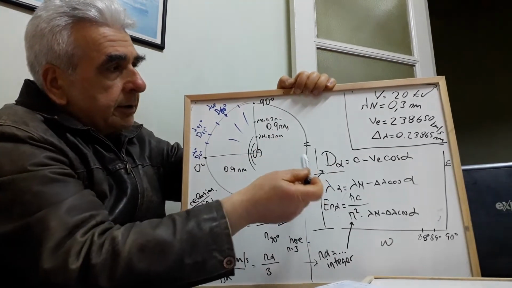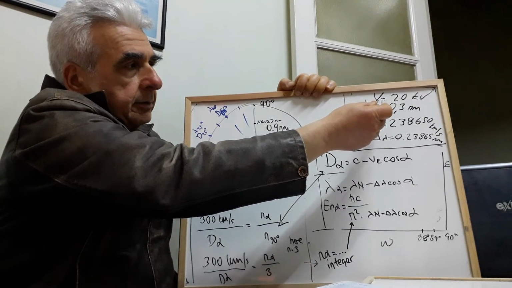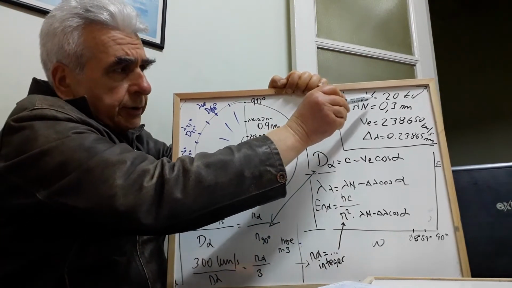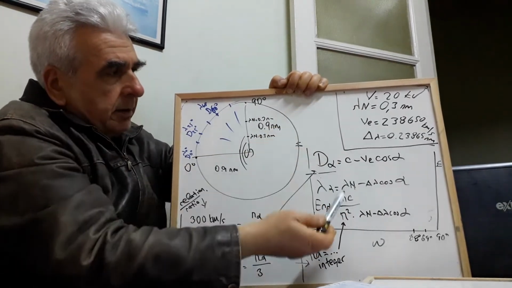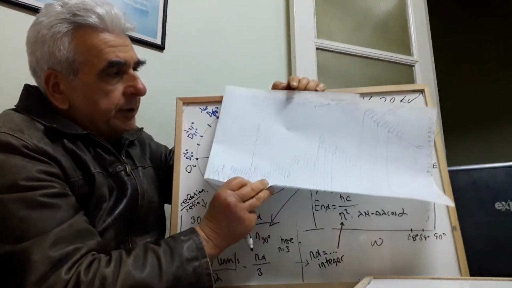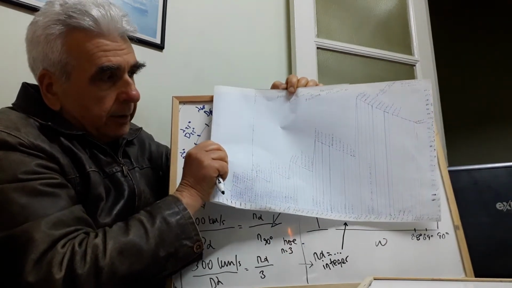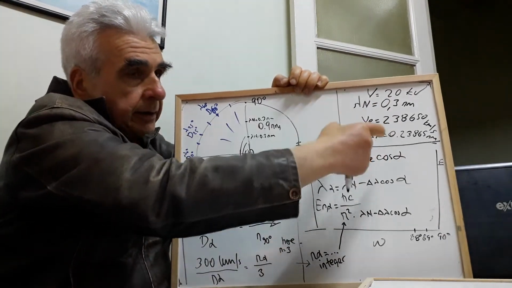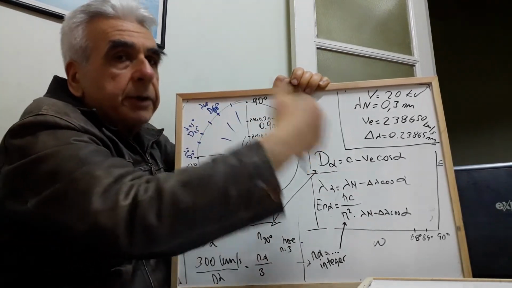How does it gain that velocity? By applied voltage, for instance equal to 20 keV in this sample. And I drew this graph with these data from my other formulas and computations.